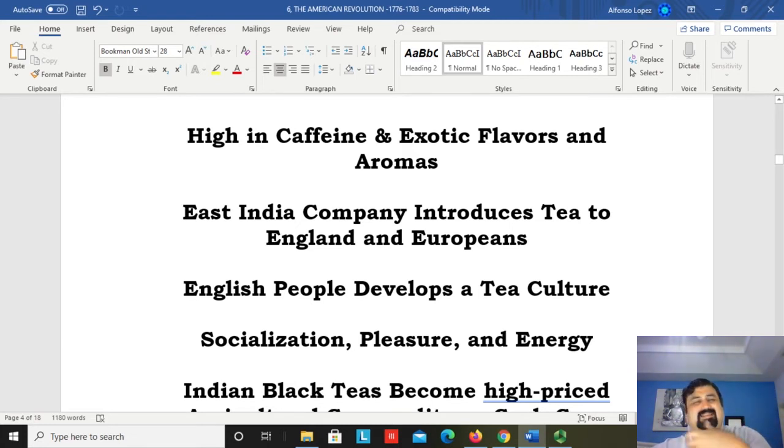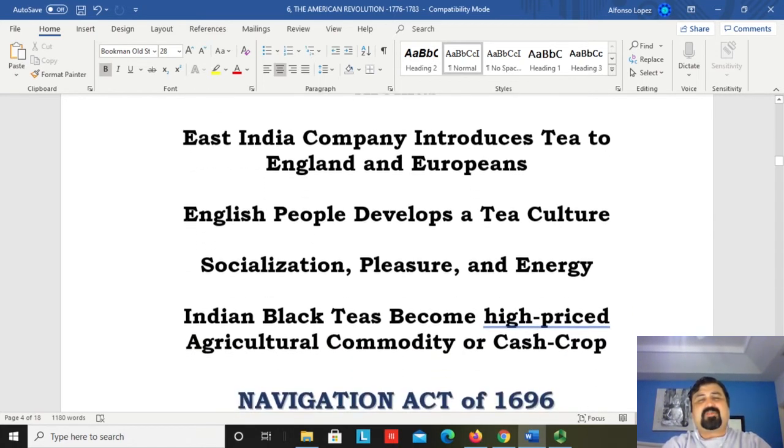And so this tea culture could be seen in Great Britain with the growing presence of tea shops and tea houses. They're propping up across the English towns, in London and all across England. It was very visible. It's like, for example, today when you see coffee shops almost on every corner.